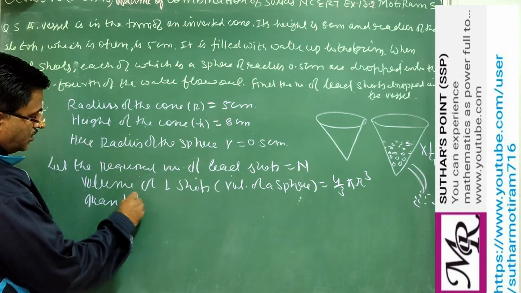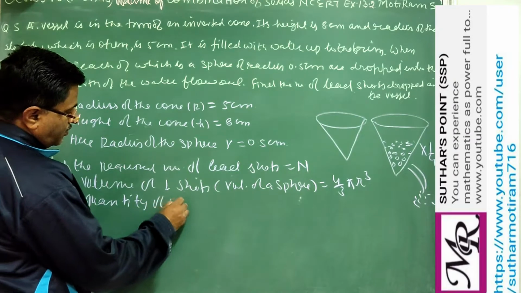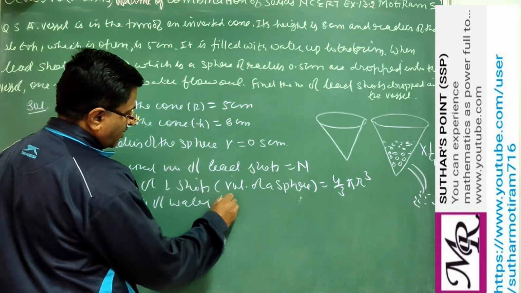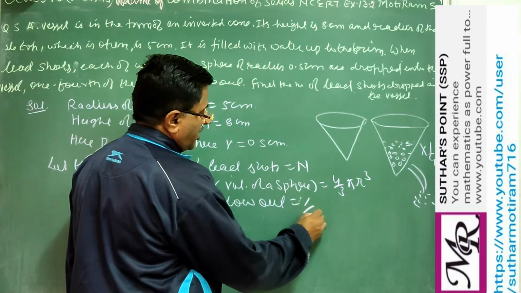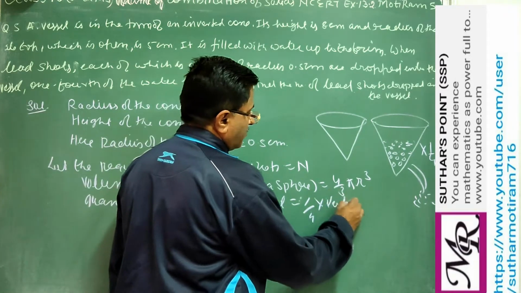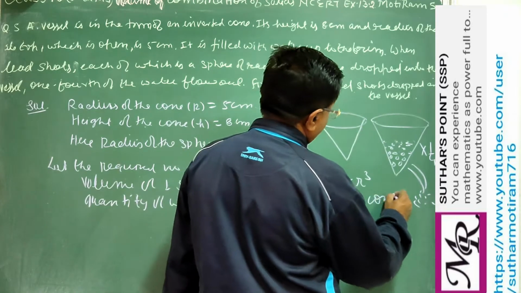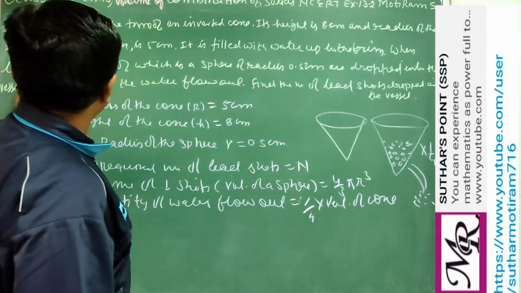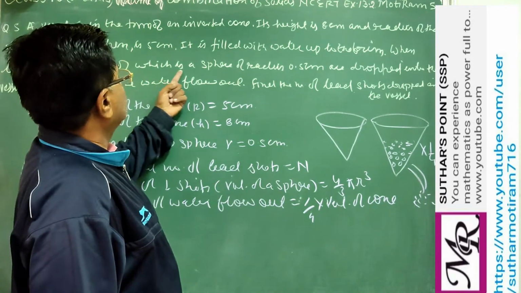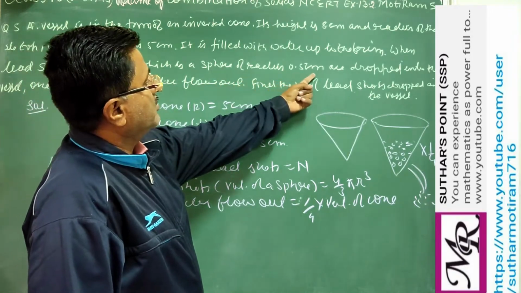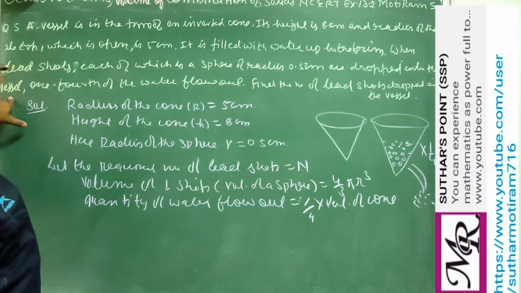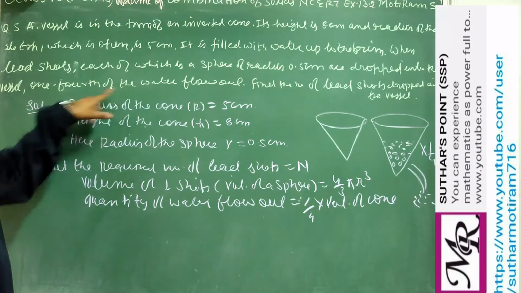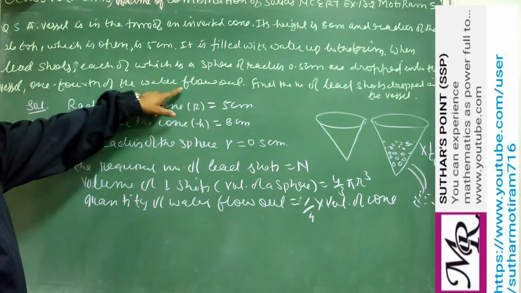So the quantity of water flowing out is 1/4 the volume of the pond. The question says when lead shots, each a sphere of radius 0.5 centimeter, are dropped into the vessel, 1/4 of the water flows out.